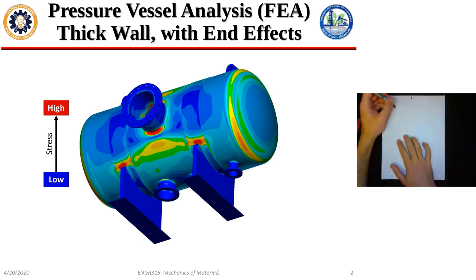If we look at our pressure vessel, I'm going to attempt to draw it in 3D. I usually suck at this. Okay, that's a cylinder, I promise, with a ball on the end.